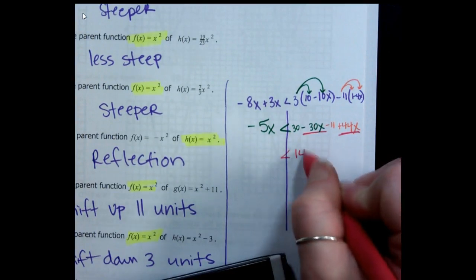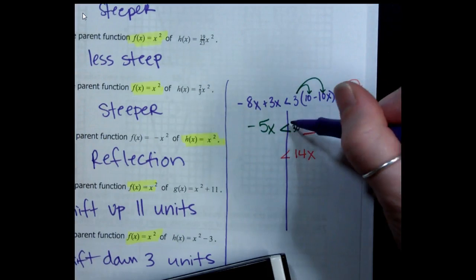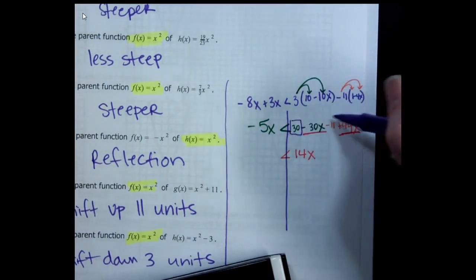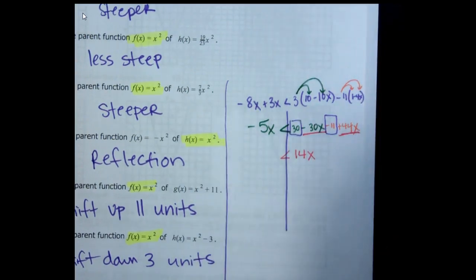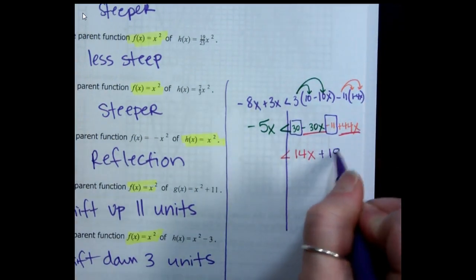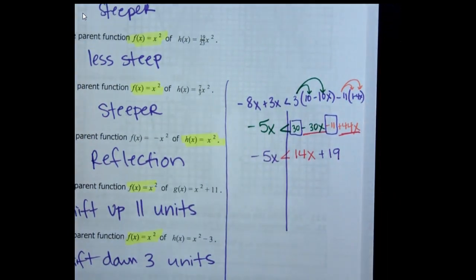So I have 14x. And then this 30 and this negative 11 can go together. So I have 30 minus 11, 19, and negative 5x. Okay, whew, that looks a little bit better.